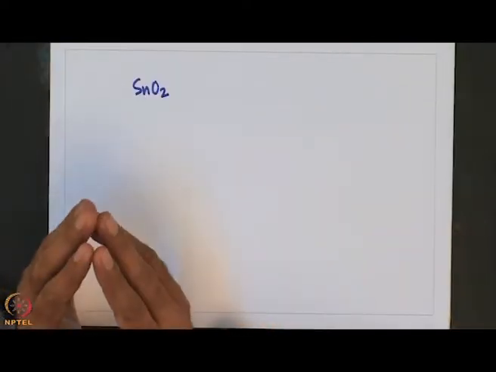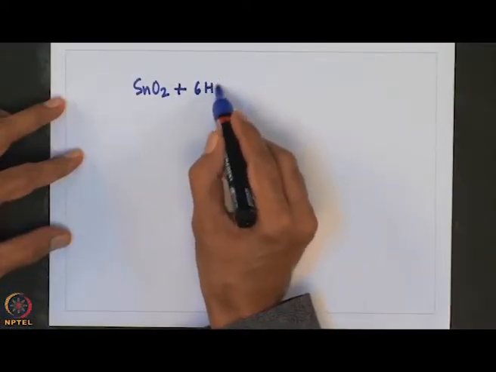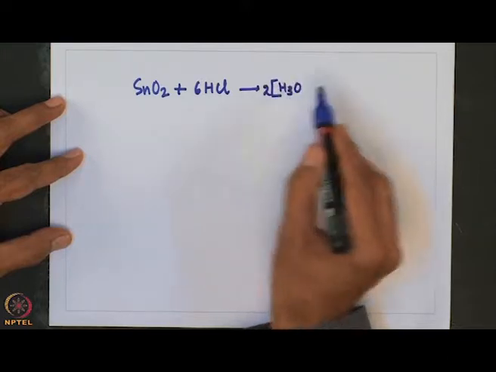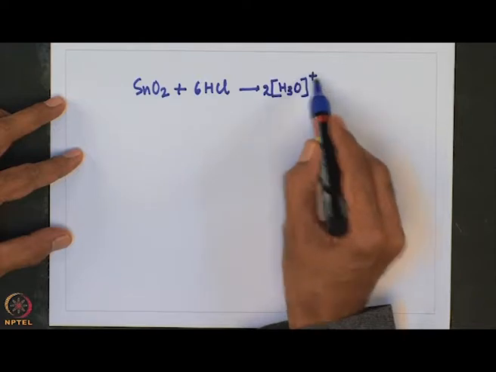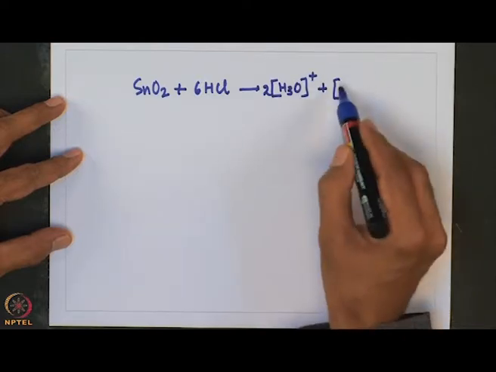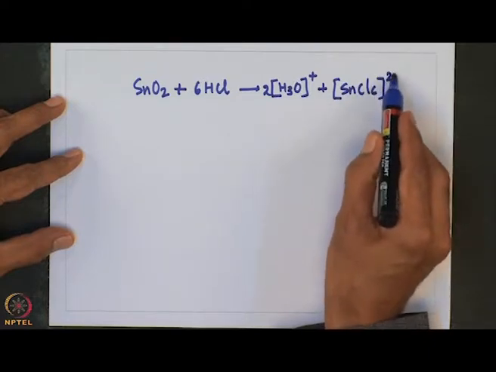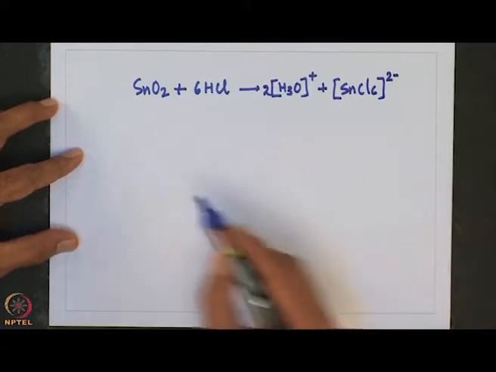Tin oxide, if you consider SnO2, is soluble in many acids, but it exhibits amphoteric behavior and also reacts with alkalis. Reaction occurs in strongly alkaline media to give a stannate. For example, SnO2 when treated with hydrochloric acid, it forms hexachlorostannate.